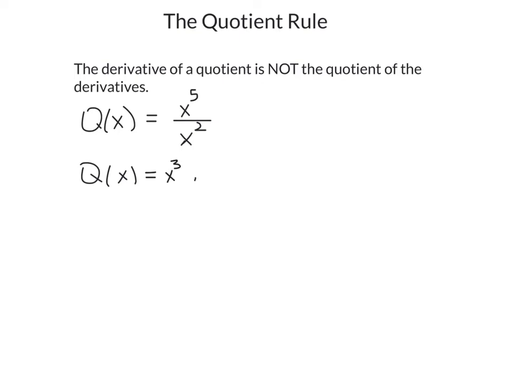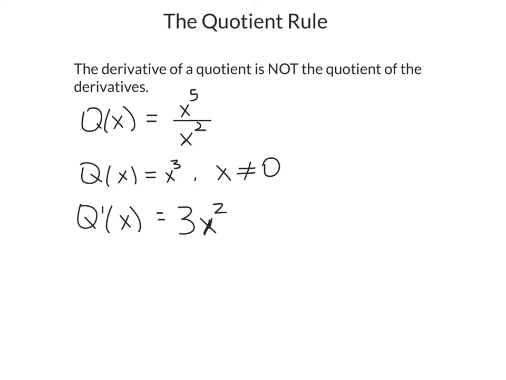And we have to assume here that x is not equal to 0. Now if we use the power rule to find this derivative, we get that q prime of x is equal to, bringing the exponent out in front, 3x, and then subtracting 1 from the exponent, we get 3x squared. So 3x squared is our derivative of this function.